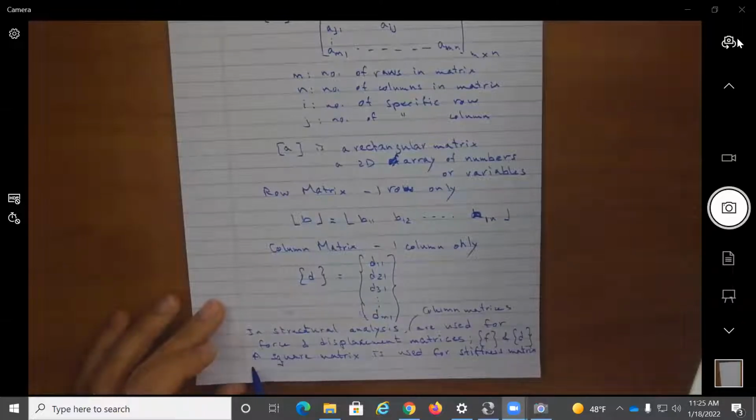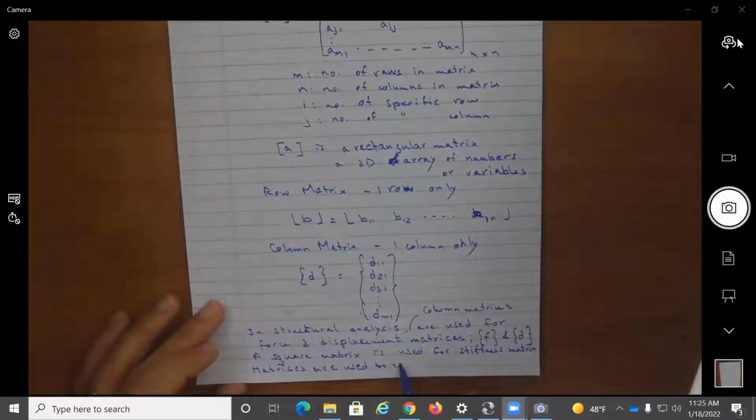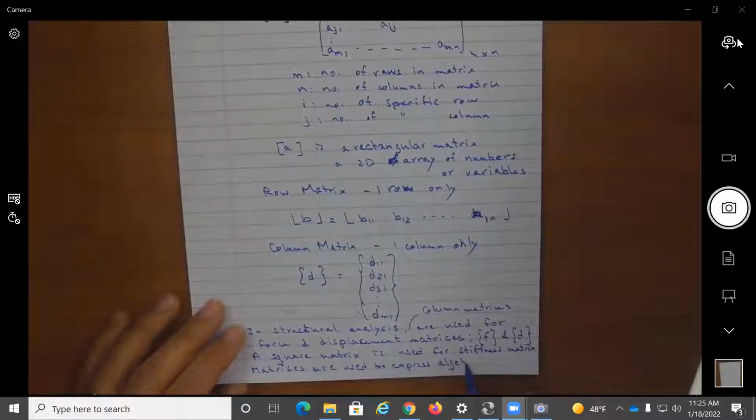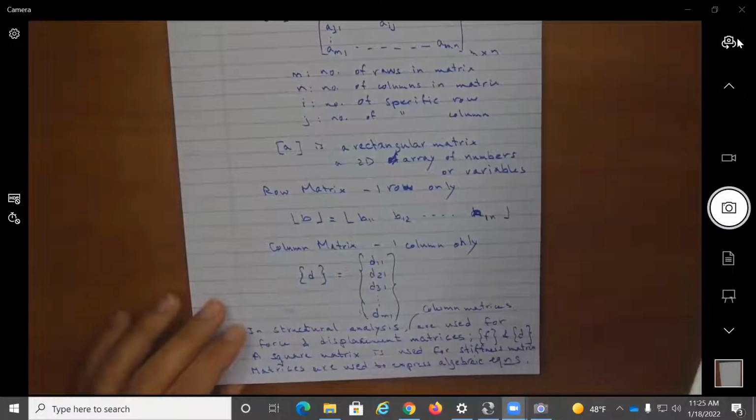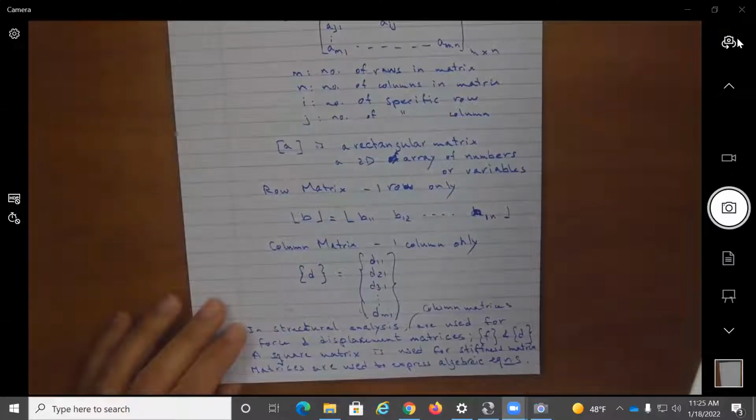And matrices are used to express algebraic equations. And of course, the advantage is that they do that in a compact and simple way.